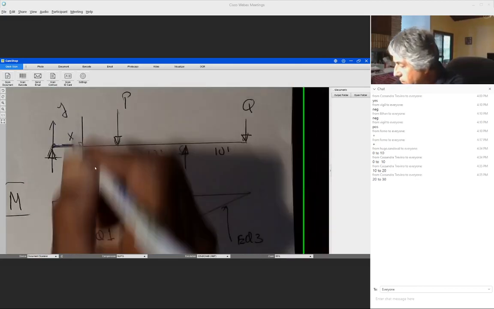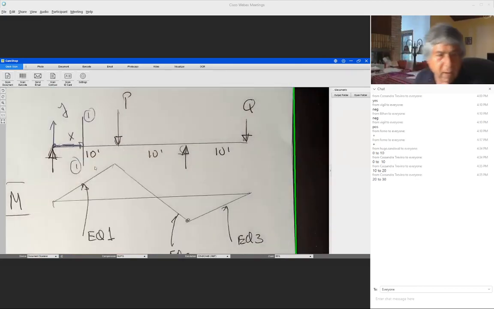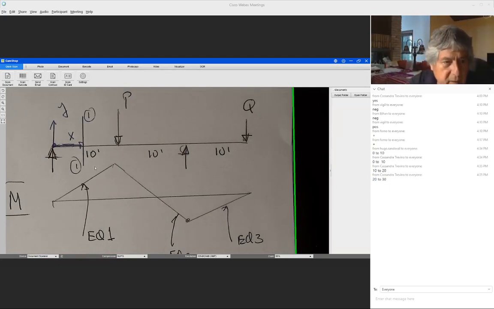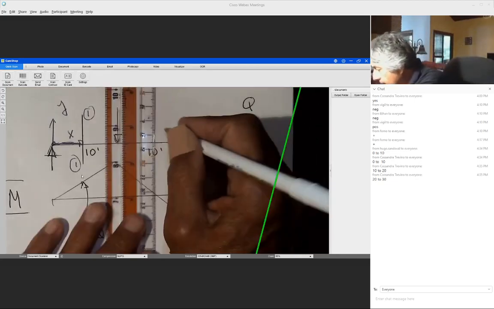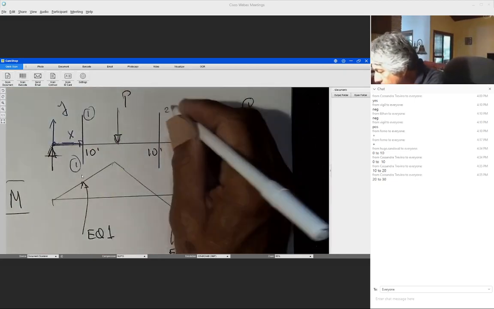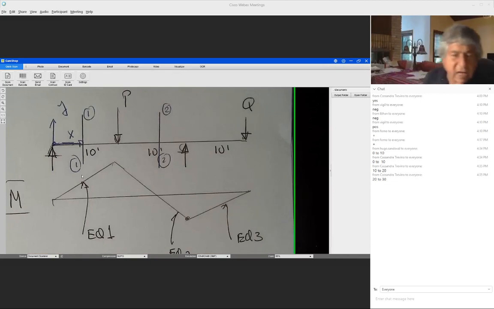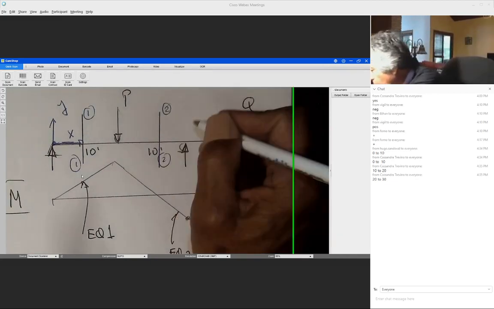I'm going to call this section 1, 1. So for equation number 1, I leave the origin in here. For equation number 2, I'm going to put a typical section in there, but I'm going to move my origin to this location.